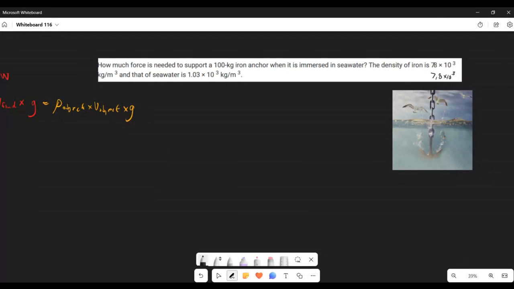So let's talk about the net force happening. Someone tell me or type out what's happening with the net force.